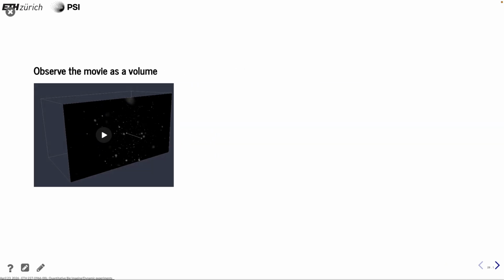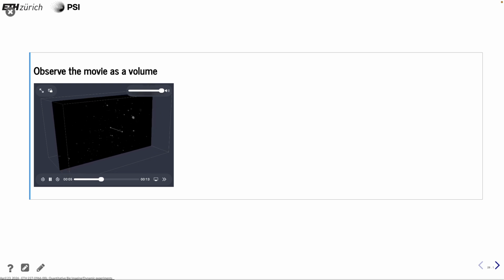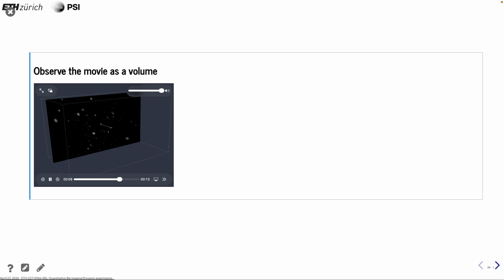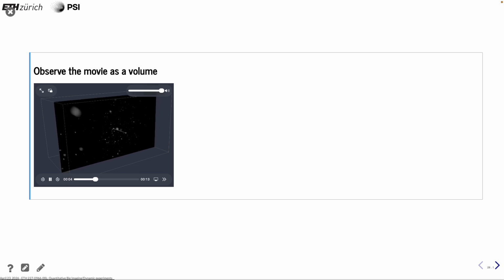And now we can look at this volume as a movie. Now I'm taking the different planes of the movie and moving it as if it were pieces of a volume. And this is just a visualization, but it gives a little bit an idea how you can analyze and work with the data.